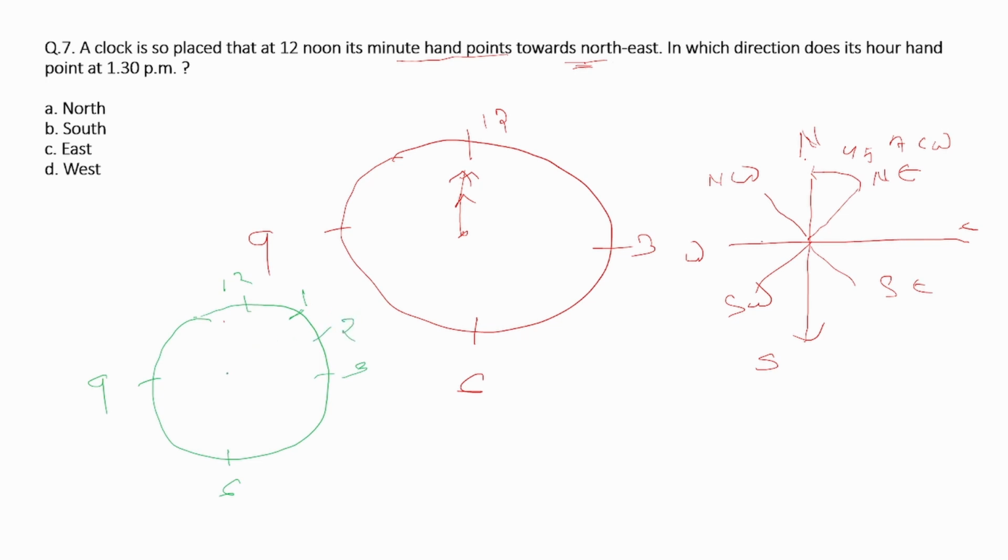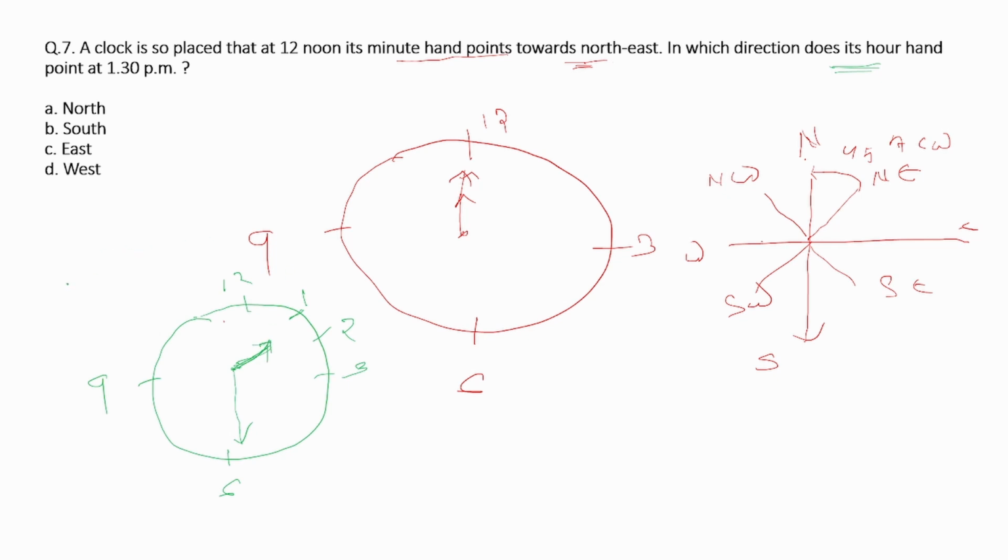At 1:30, the hour hand will be in this direction, and the minute hand will be in this direction. So the question says, in which direction does it see our hand point at 1:30? At 1:30, this is our direction.